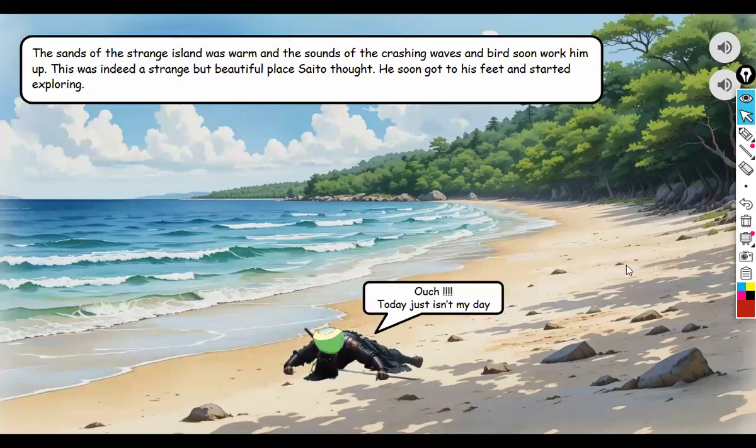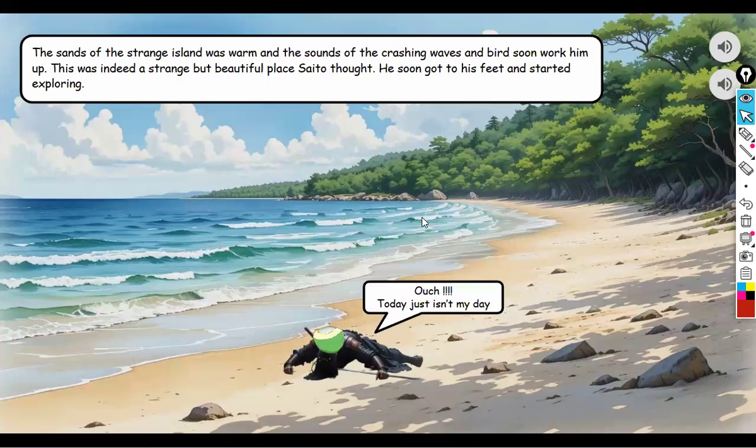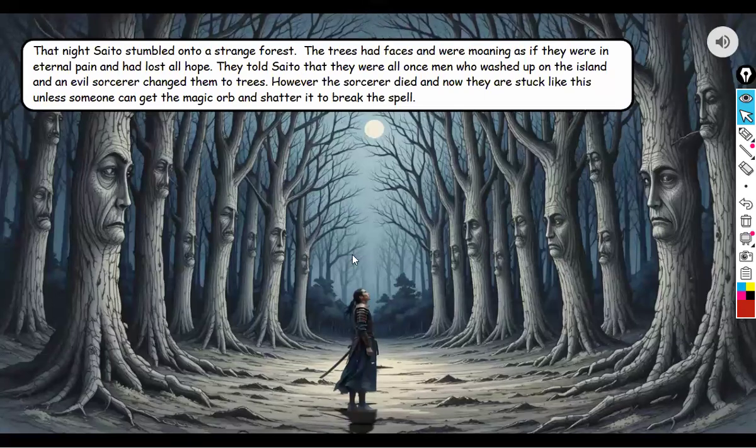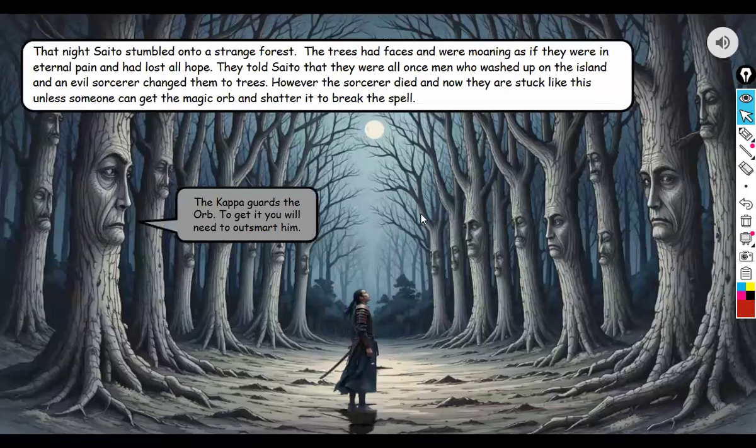A coconut falls on his head. So I guess Saito isn't having a good day today. All right. So Saito has to get this magic orb, right? Once he gets the magic orb, he can rescue everyone, well, change everyone back to how they were, right?